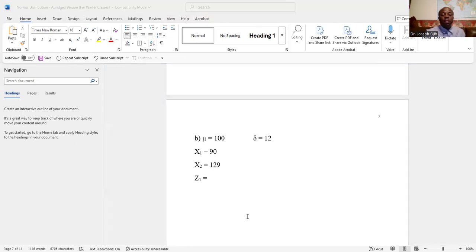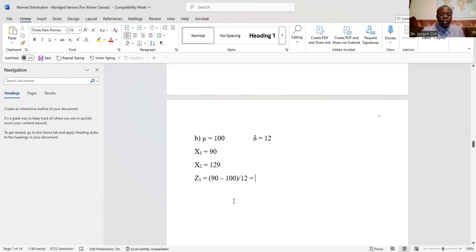Z1 equals x1, which is 90, minus the mean of 100, divided by the standard deviation of 12. I'm going to write this down: z1 equals (90 minus 100) divided by 12.